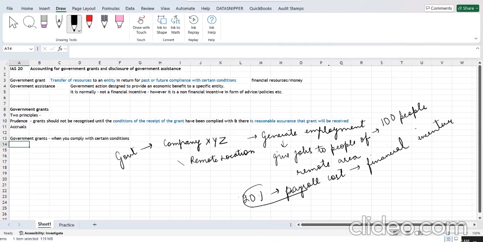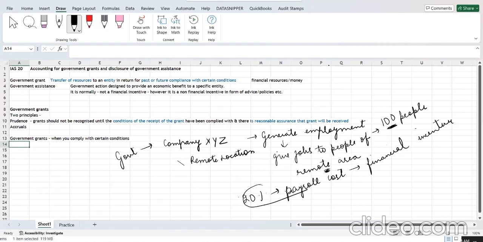Because you are operating in that remote location, maybe you have a manufacturing facility, a plant, a factory operating there, you might need people, right? And if you need 100 people and give employment to people from this location, then the government will reimburse you 20% of the payroll cost.